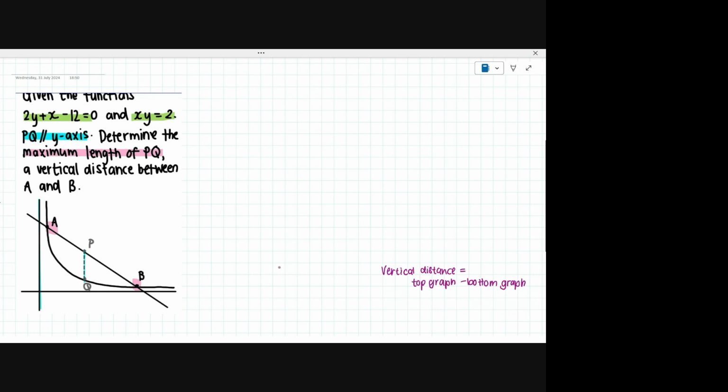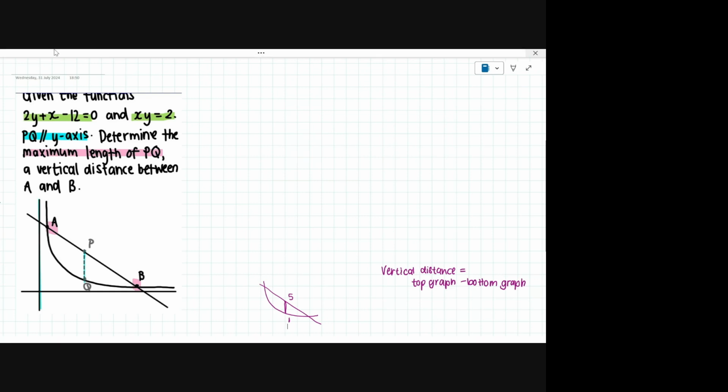Now, this makes sense. If, let's say, for example, on the same set of graphs, and we were looking for this distance PQ, if this y value was 5 and this y value was 1, that distance is 4. 5 minus 1, 4 units. So it makes sense that we're working with the y values because it is a change in y for vertical distances.